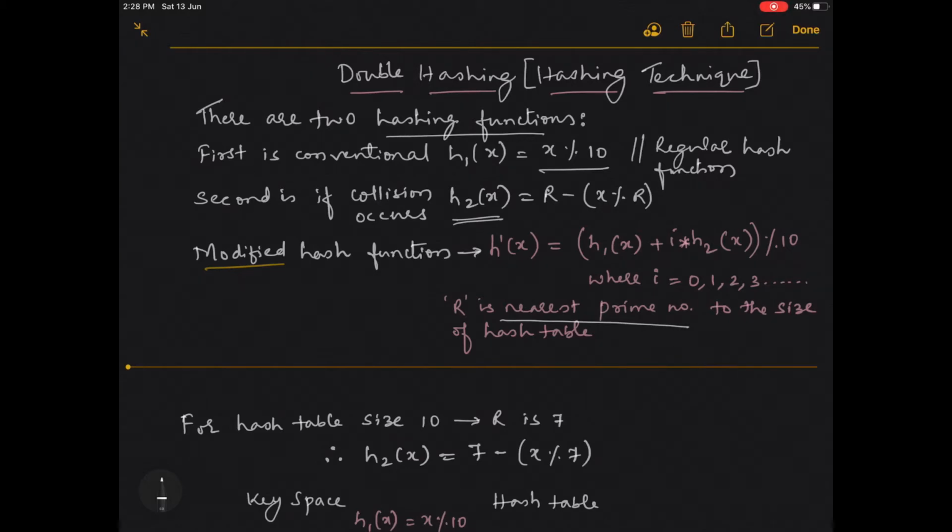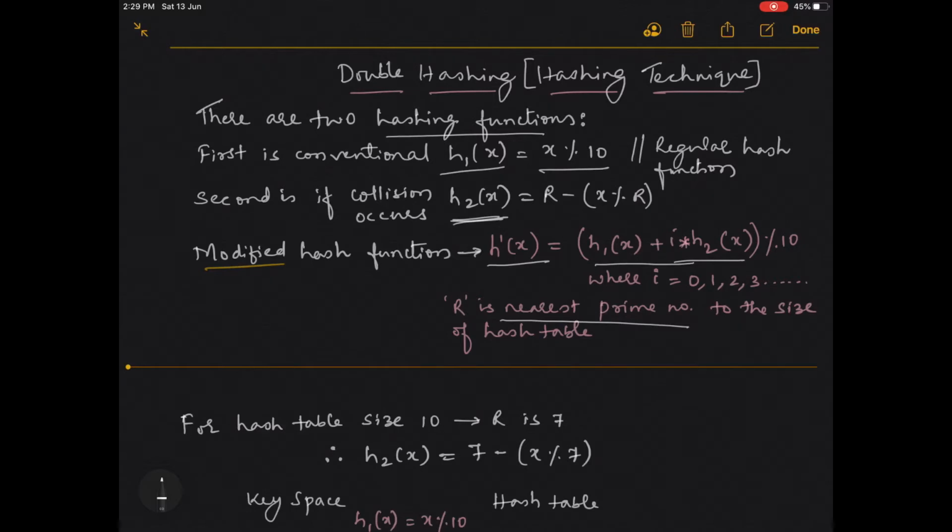Now using these two functions h1 and h2, we have formed a modified hash function h dash of x equal to h1 of x plus i into h2 of x, whole mod 10.